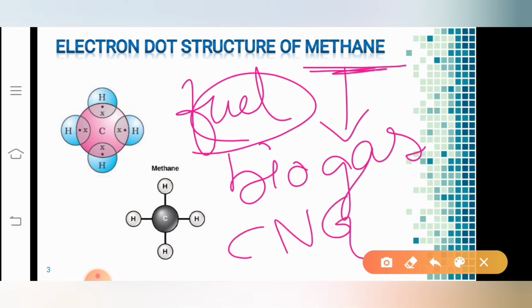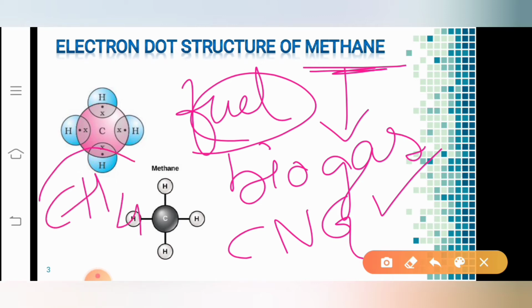compressed natural gas. It is also one of the simplest compounds formed by carbon. Do you remember when I was teaching you to write the structure of hydrocarbons under the alkanes, the first member of the alkanes was methane, that is CH4.